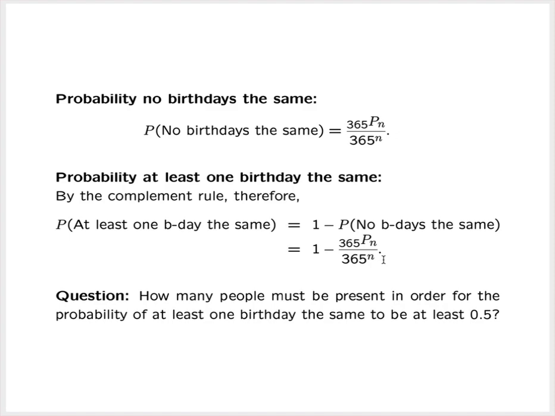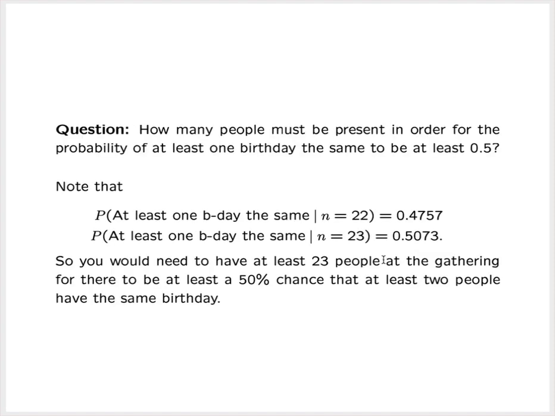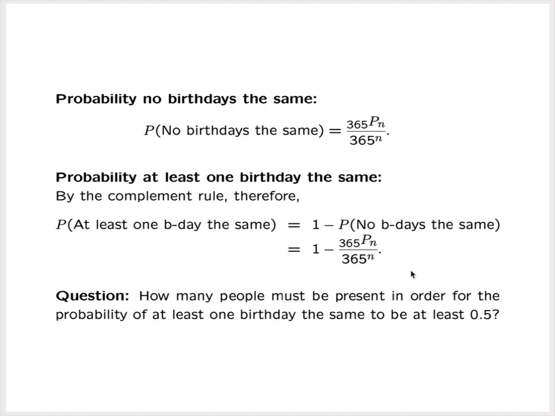Now, one question of interest: how many people must be present in order for the probability of at least one birthday being the same to be at least 0.5? We can take this formula and start plugging in values for n, the number of people selected, until we find an n for which this probability is at least 0.5.